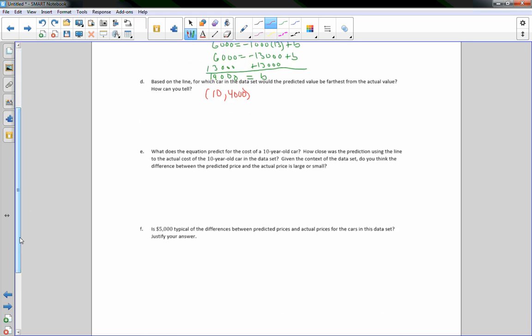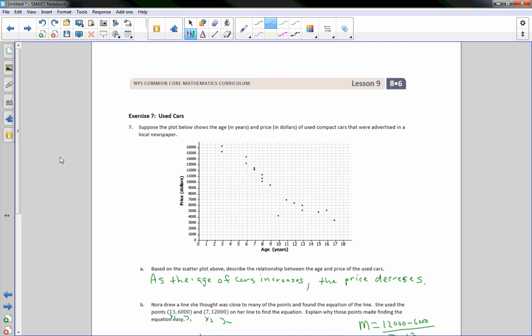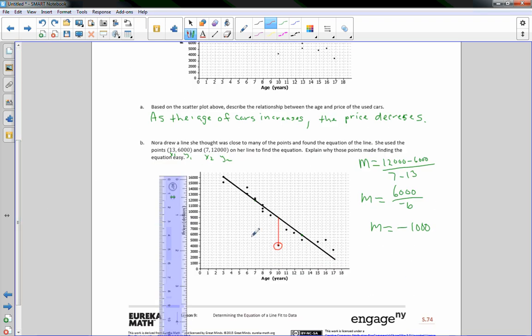E, what does the equation predict for the cost of a 10-year-old car? How close was the prediction using the line to the actual cost of the 10-year-old car in the data set? Well, actual we just found when I did that last problem. The 10-year-old car was $4,000. That's actual. But if I go back and look at predicted for the 10-year-old car, what we're talking about now is this point here. The point on the line is our prediction.